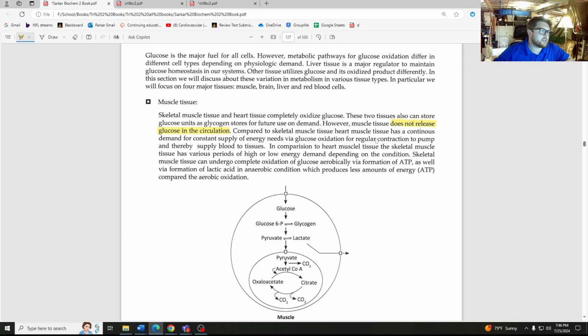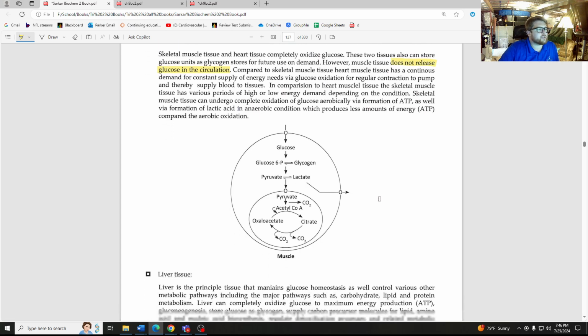So in comparison to heart muscle tissue, the skeletal muscle tissue has various periods of high or low energy demand depending on the condition. Skeletal muscle tissue can undergo complete oxidation of glucose aerobically via formation of ATP, as well as via formation of lactic acid in anaerobic conditions, which produces less energy compared to aerobic oxidation.